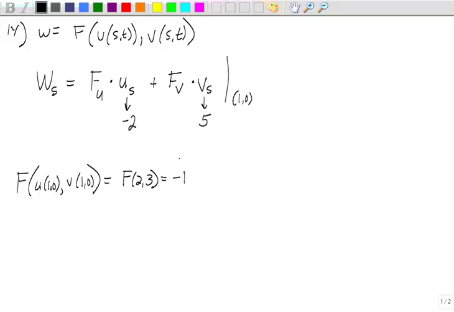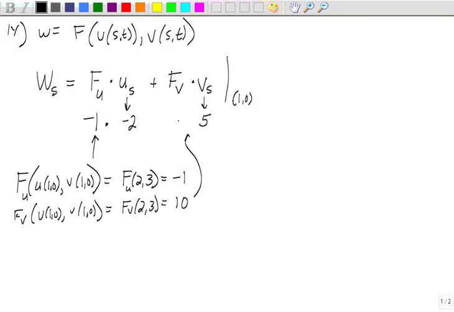Wait, we don't know. We'll say f of u. And f of v at u(1,0), v(1,0) is f of v at 2, 3, and in the book they give that as 10. So this is -1 from here, and this is 10 from here, so our answer is 52.